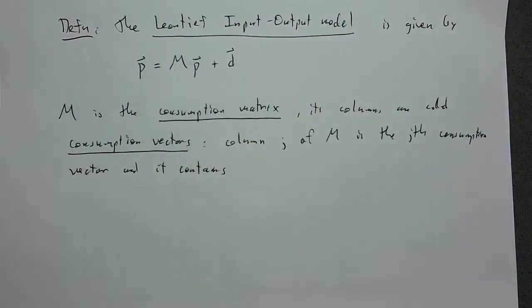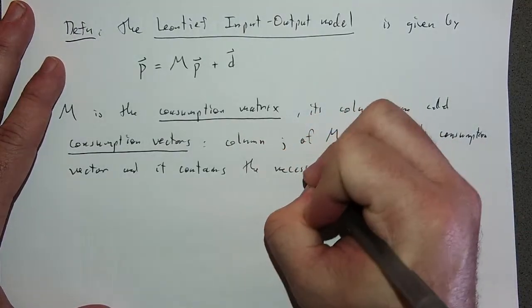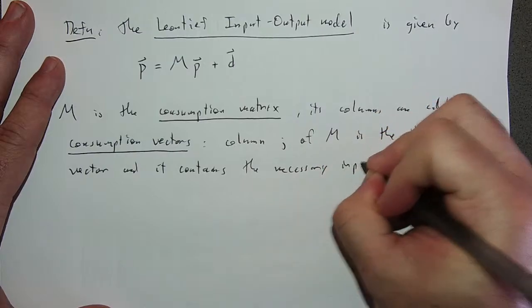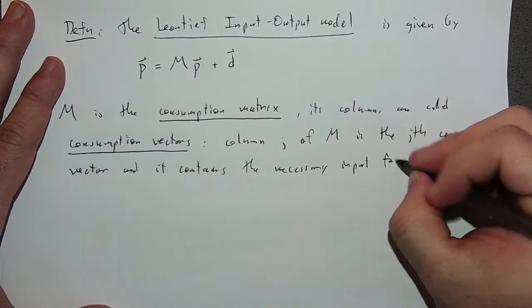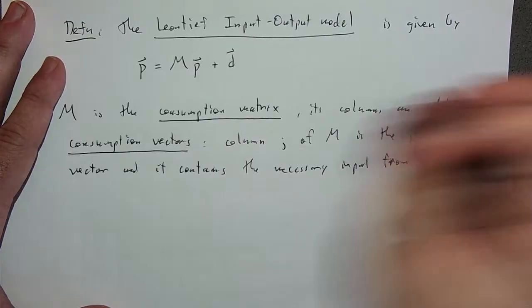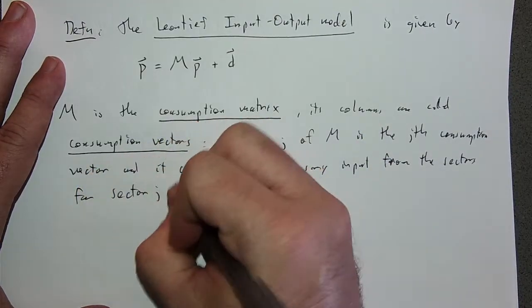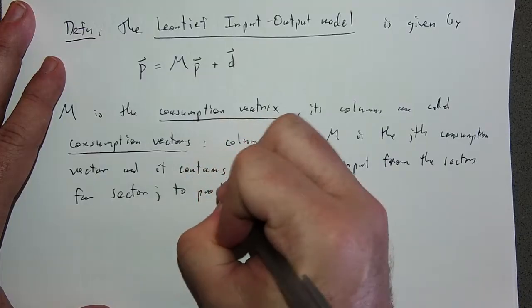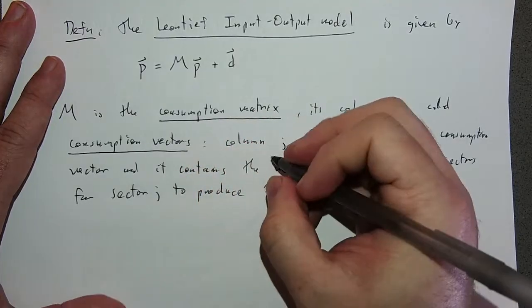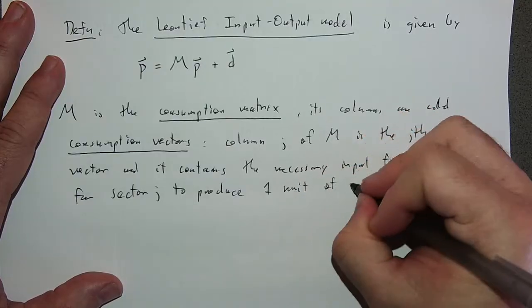Okay, so it contains the necessary input from the sectors for sector J to produce 1 unit of output.